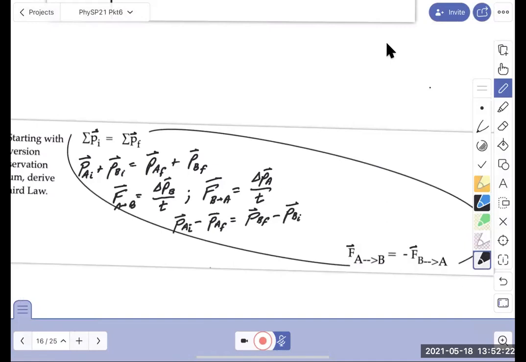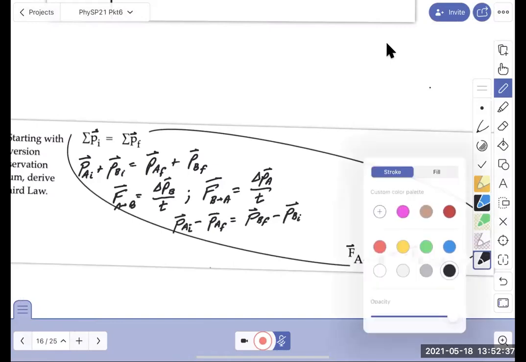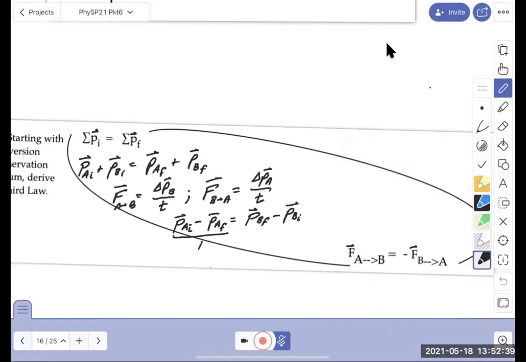You cannot divide by zero. But in any kind of collision, there is some time involved. It might be a picosecond, but there is some time involved. So if I divide both sides by t, you go, why are you doing that? Well, you'll see. It's legal as long as there is some kind of time.